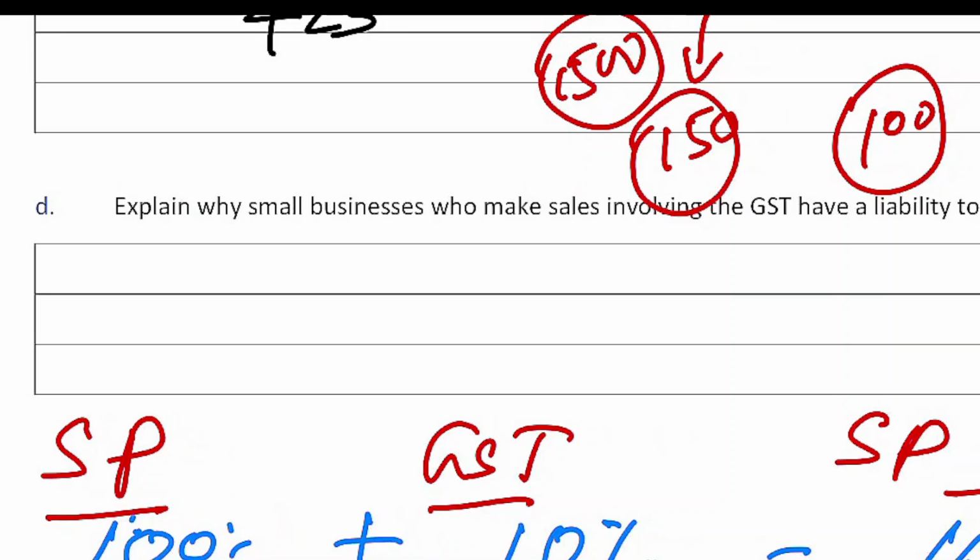Full stop. The business is not entitled to claim the GST received. That should be forwarded to the ATO.